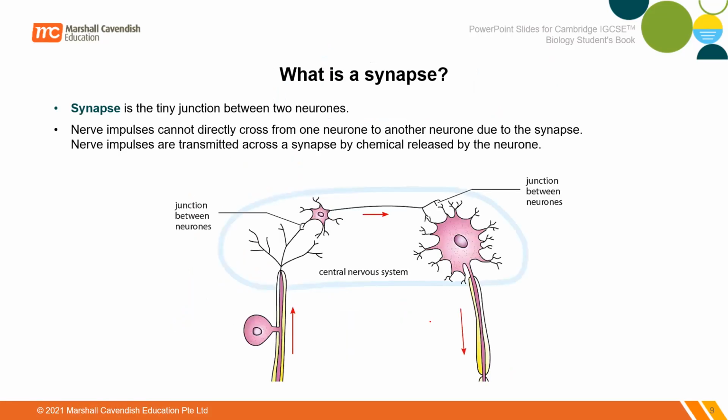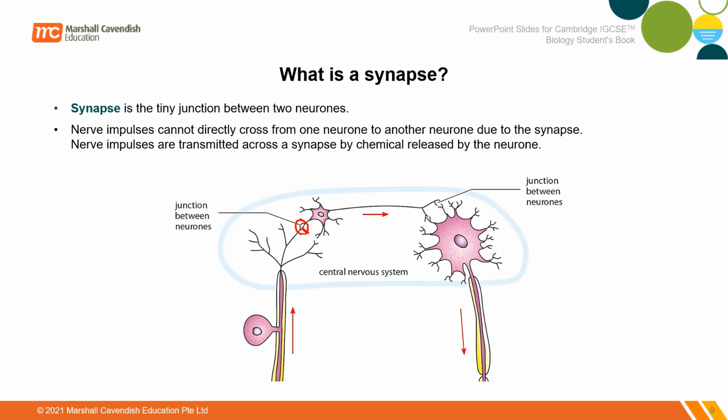Between the neurons, we have a tiny junction, and in this tiny junction, the neurotransmitters, or chemical substances, will transmit the message. If I drew a circle in this area, we have the synapse. So in the exam, what is a synapse?